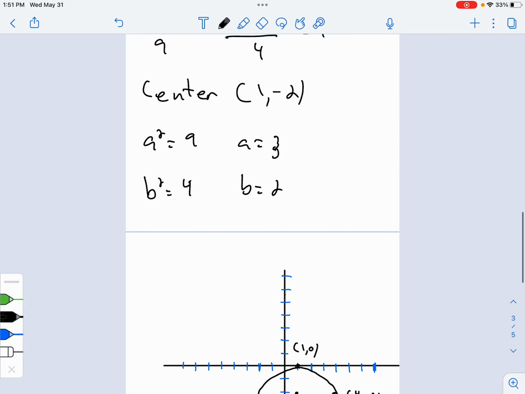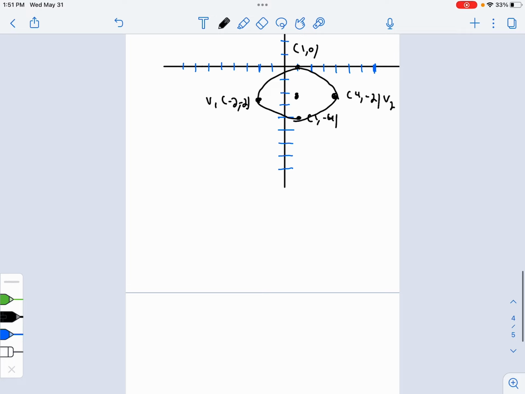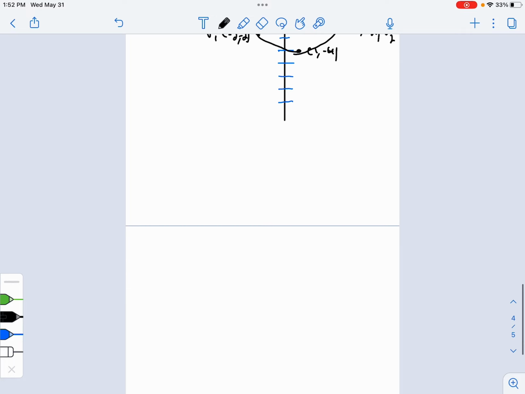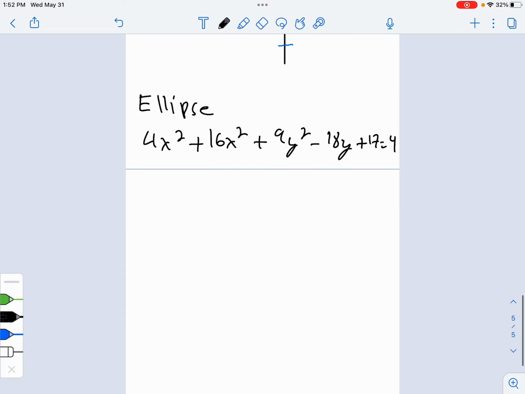A couple of things to know. There are other things that can come up in terms of graphing an ellipse, in the way the equation is presented. Another example would be: graph the ellipse 4x² + 16x + 9y² − 18y + 17 = 4.